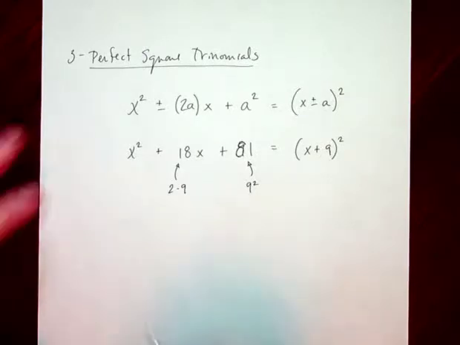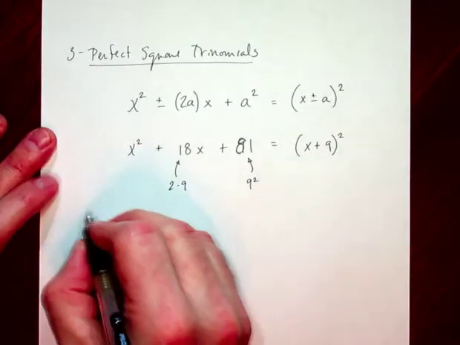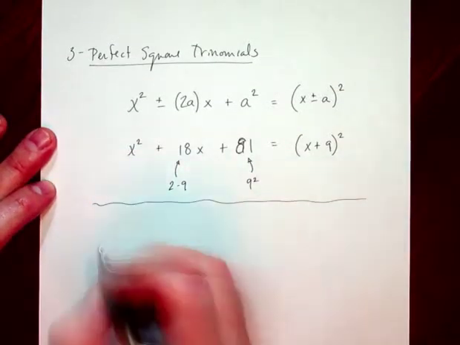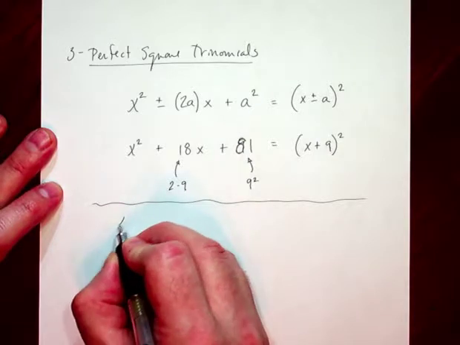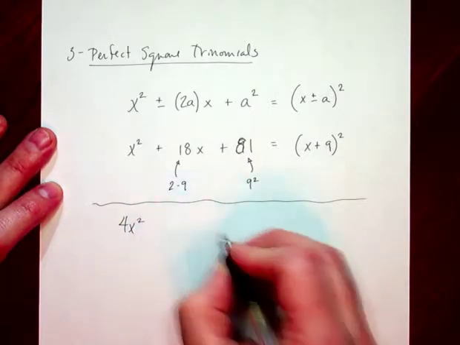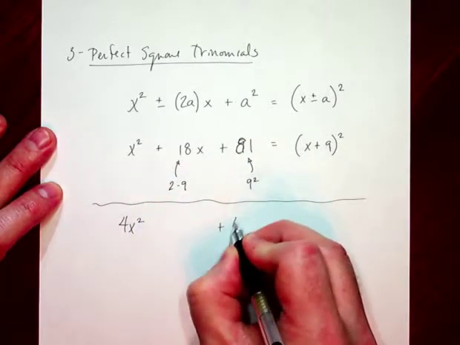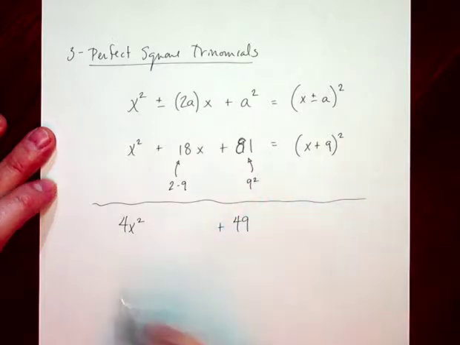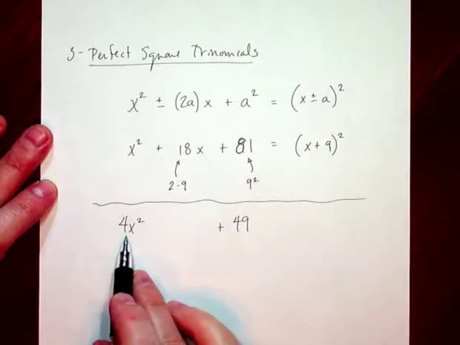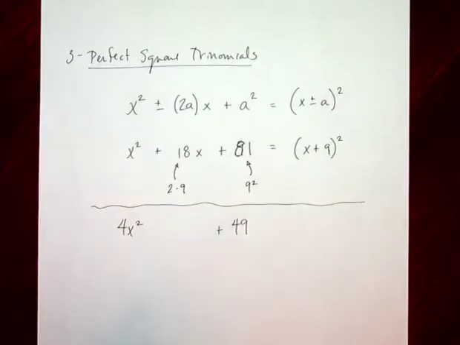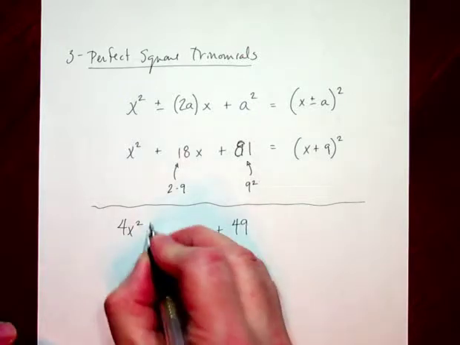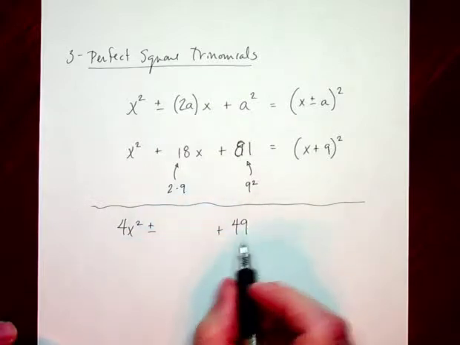And of course, it also is the case when it's got a leading coefficient other than 1. So if you have something like 4x squared plus 28x plus 49, obviously, because if this is a perfect square trinomial, the leading terms of both of the binomials are going to impact the outer and the inner products, which then combine into this middle term.